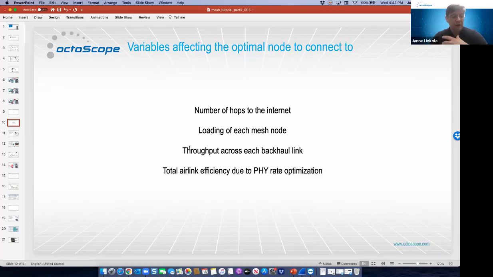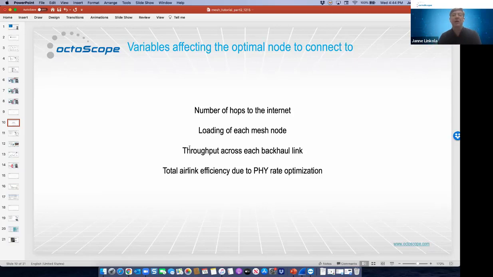As you know, the PHY rate in Wi-Fi adapts quite aggressively. And so the closer I am to the access point that's serving me, the higher PHY rate I have. And that means that I'm using less airtime for that data transmission.